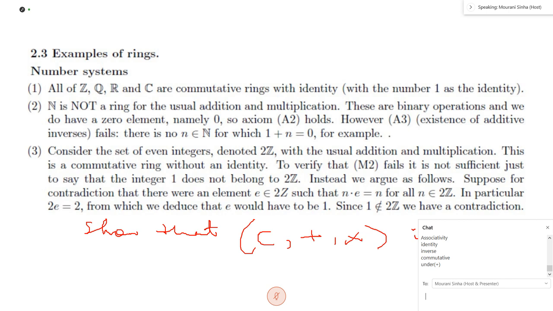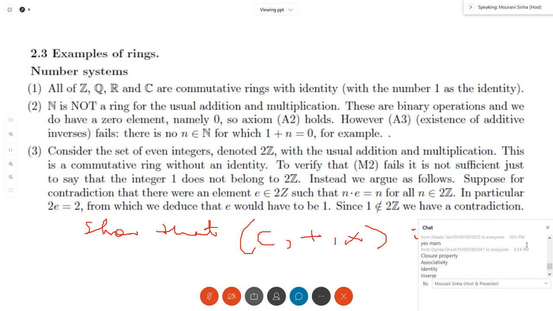The steps you should know, that is important. So first I will be showing that C plus is an abelian group.